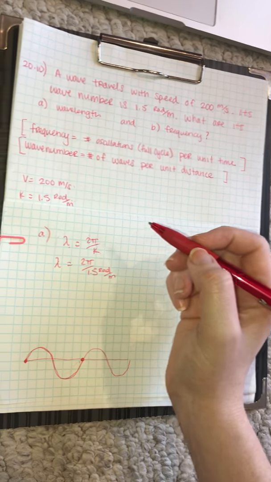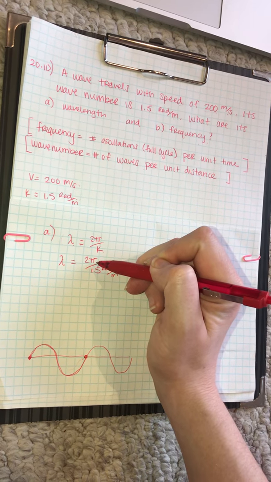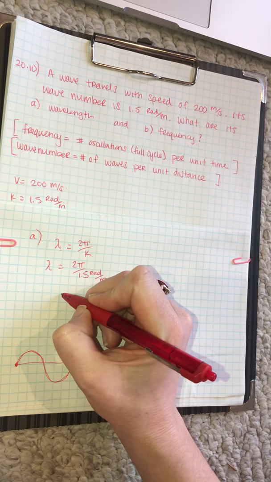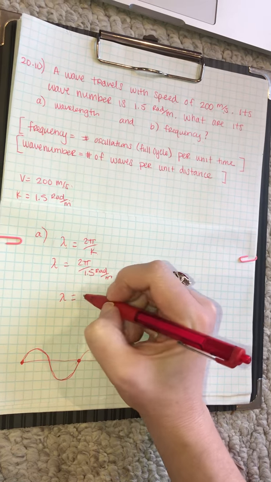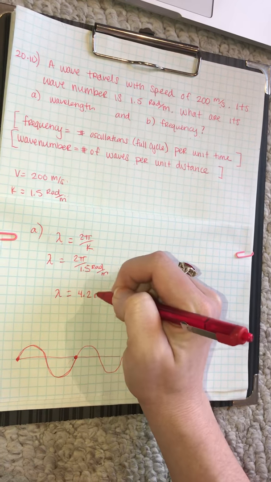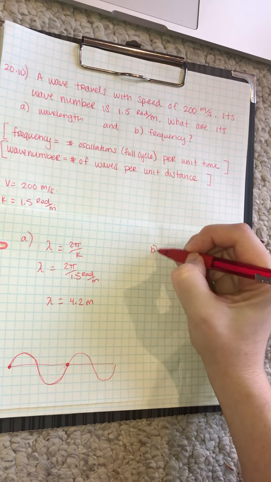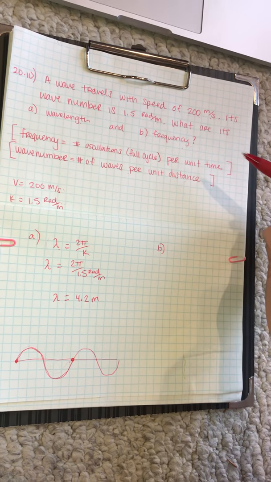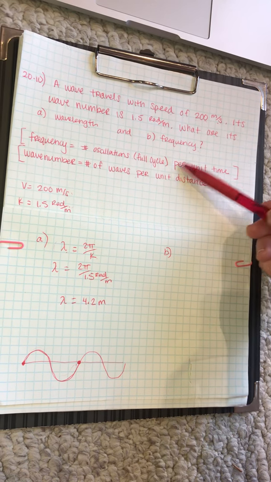So now all you need to do is plug this into your calculator, and you should get wavelength equals 4.2 meters.